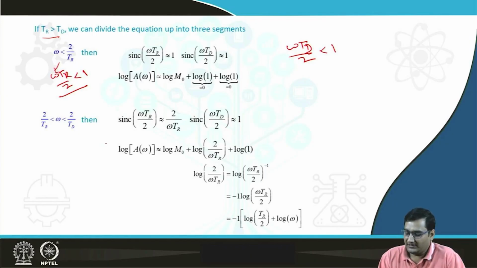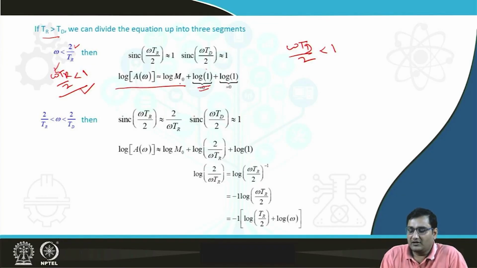So in that case, log A(omega) is equal to log M naught plus the log of the first sinc function, that is log of sinc of omega TR by 2. Omega TR by 2, as we know, is less than 1 for omega less than 2 by TR, so it will become log of 1, and the second will also become log of 1, that is equal to 0. So this will become log of M naught at omega less than 2 by TR.